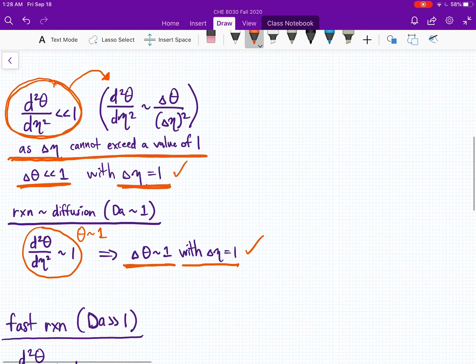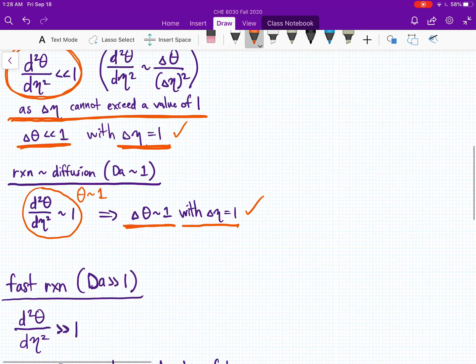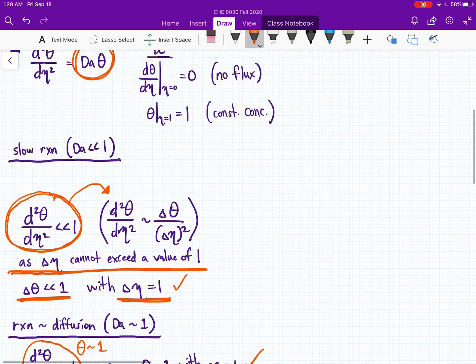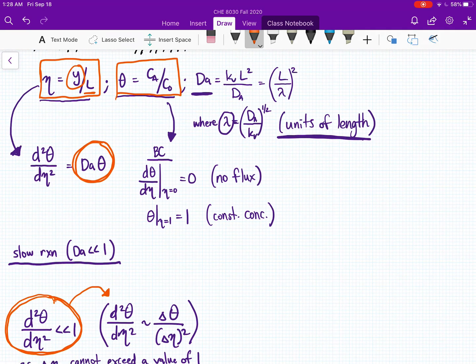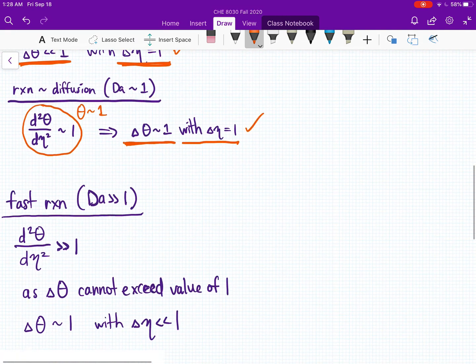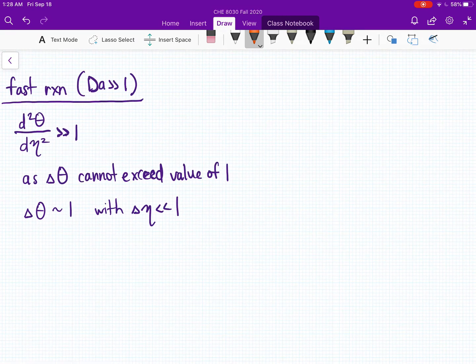The more interesting case occurs when we have fast reaction kinetics, i.e. the Damköhler number is much, much greater than 1. So, looking back at our differential equation, if the Damköhler number here is much, much greater than 1, that implies that the second derivative with respect to eta is much, much greater than 1.